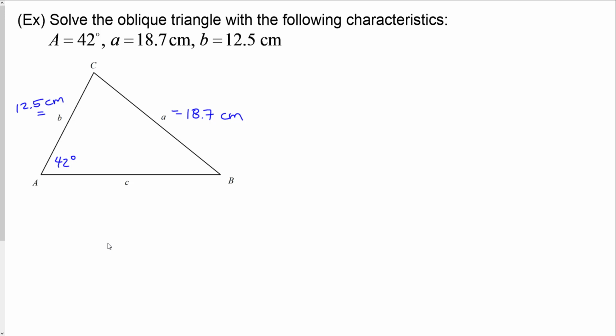Let's see what happens. So let's say I want to solve for side C first. Well, that's going to be a bad choice because if you'll notice, I don't know side C and I don't know angle C. So let's not go that route. Let's try and solve for angle B. And this should work out okay.